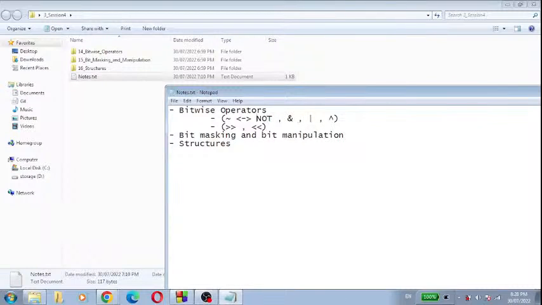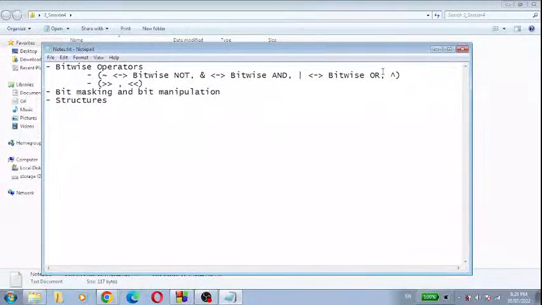I'm going to write bitwise here to not confuse you with the logical operators. So this is bitwise not, and this one is going to be called bitwise and. And this is called bitwise or, you see.